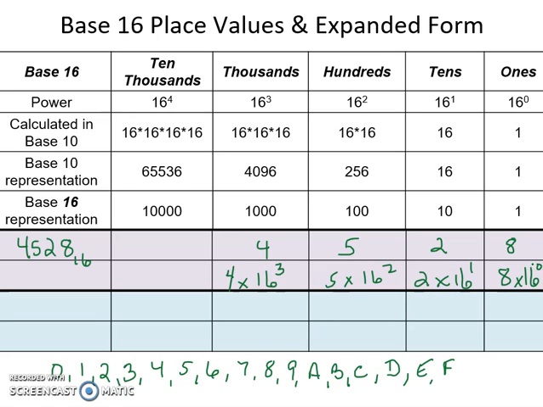Now, if we were to convert this, you would see that this is a really big number compared to what it would be in base 10. So this is actually a convenient way to write larger numbers. It takes up fewer digits. But this isn't the way we're used to working. We're used to working with base 10. However, computers work in base 2.